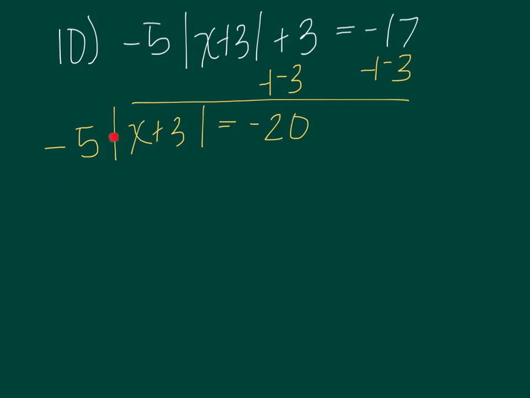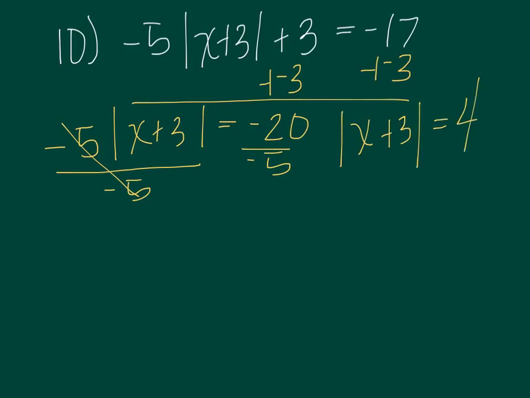No, we still have this negative 5 written right next to absolute value. So we're going to divide everything by negative 5. So my new equation is the absolute value of x plus 3 equals 4. Now your absolute value is alone and it equals a positive.